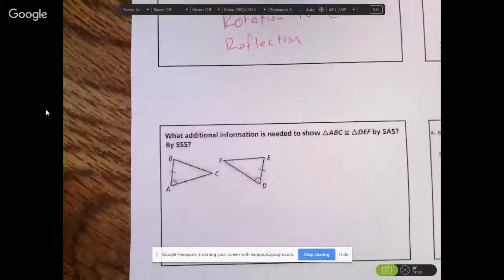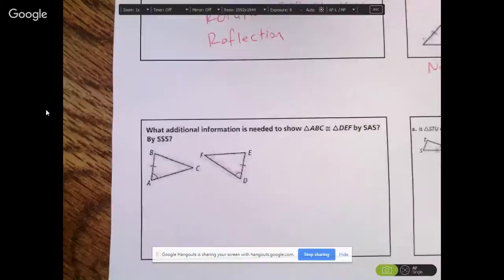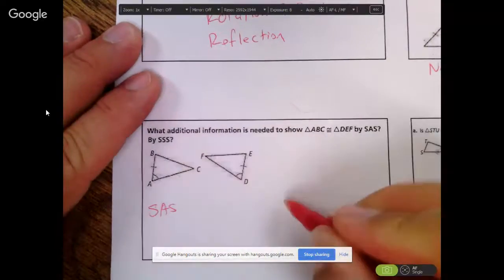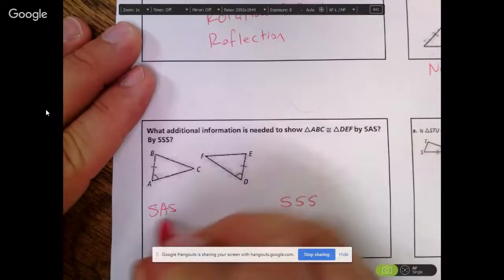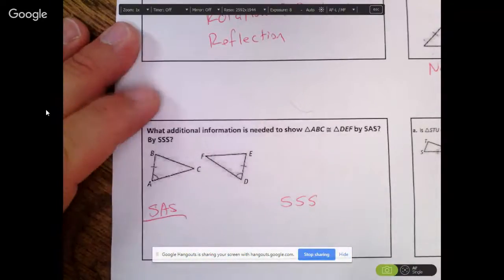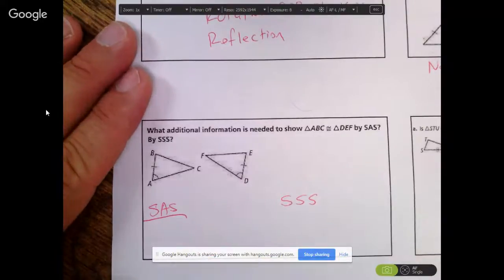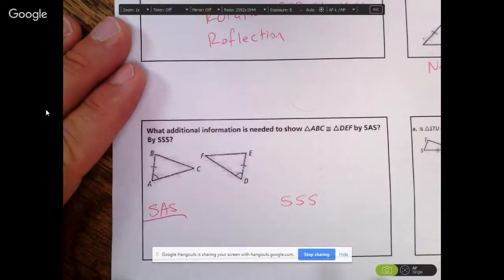What additional information is needed in order to do side angle side or to use side side side? So in order to do side angle side, I would need to know what? Angle and side and side. Which one specifically? The side AC.